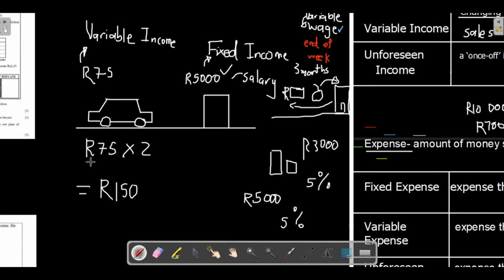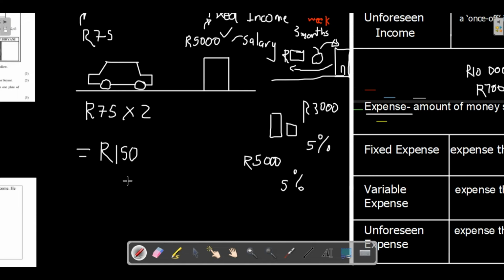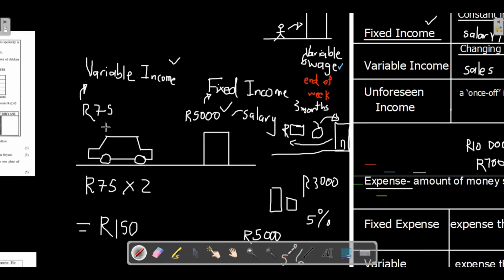So this means that I can actually create my own formula, my own equation, and that will enable me to calculate the amount of income that I will receive. That formula will be: I take the unit selling price. By unit selling price, I mean the selling price of one product.